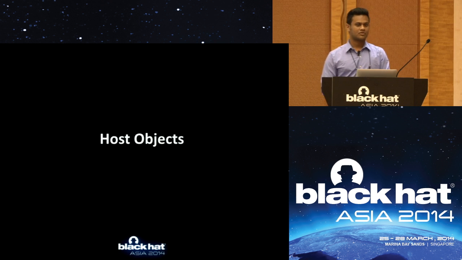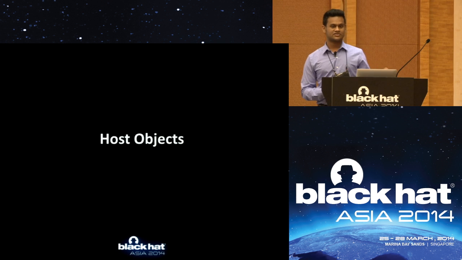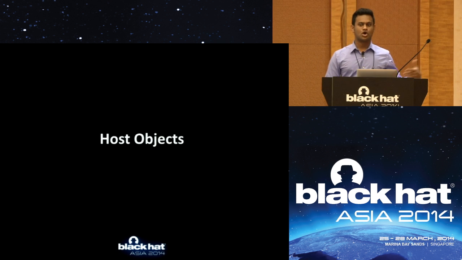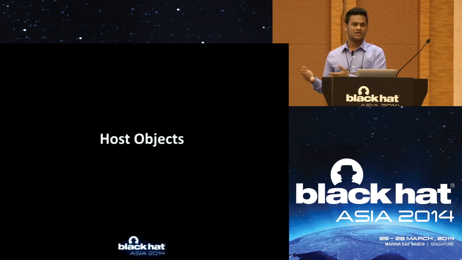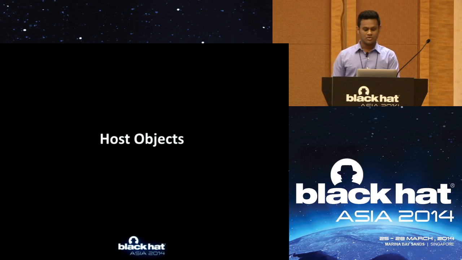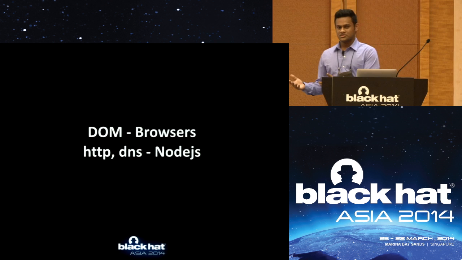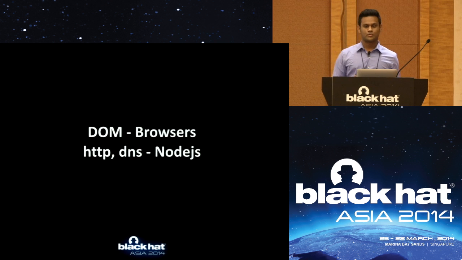For example, most of you would be aware of the V8 JavaScript engine by Google. You interface that with the browser using the DOM host object, and you have a complete JavaScript working environment. You interface the same V8 engine with libuv, libev, and all that, and you have Node.js, right? So for the browsers, your host object is the DOM, which is the Document Object Model.